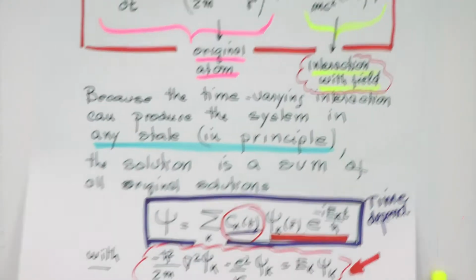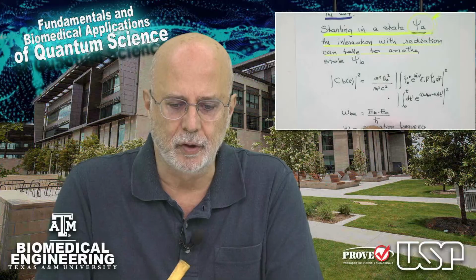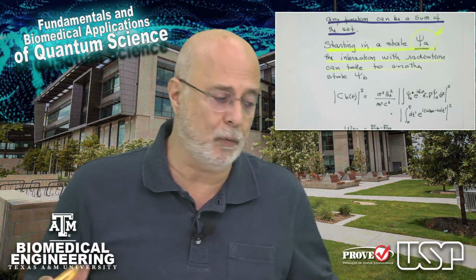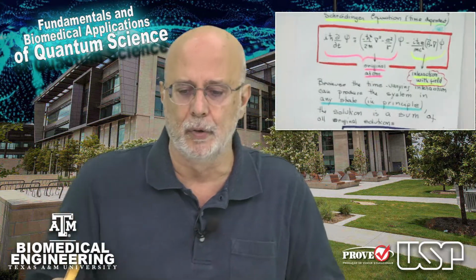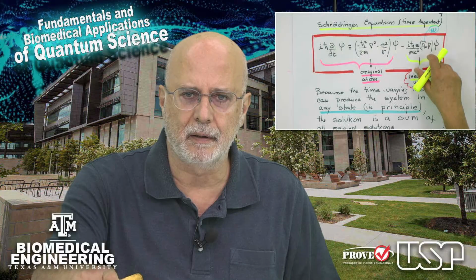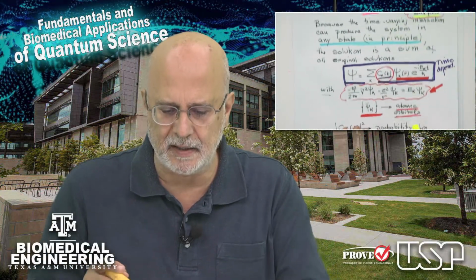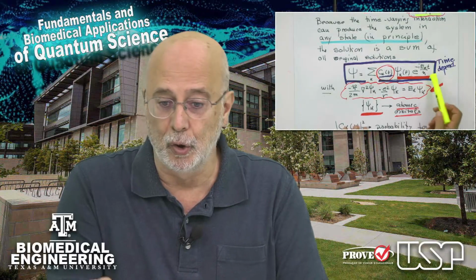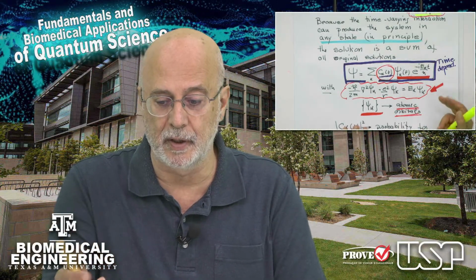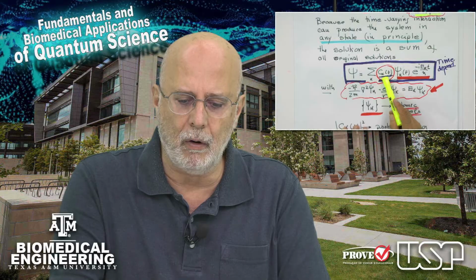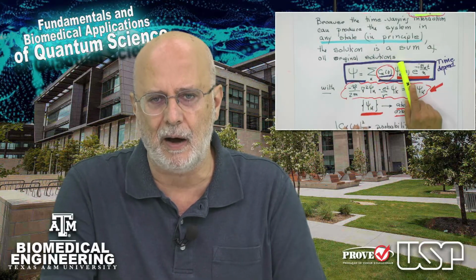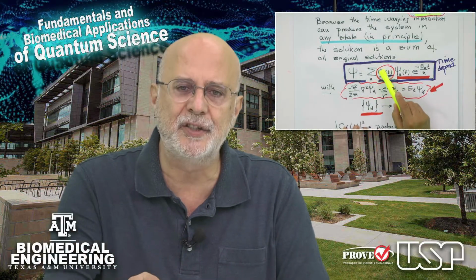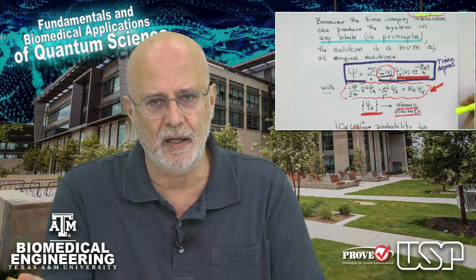And then we multiply by psi A. So the system is in psi A, and we know psi A is a solution, so we plug it in here. Psi A is actually in this sum. We know the system is originally there, so at t equal to 0, all the coefficients are zero except CA, which is the state A.